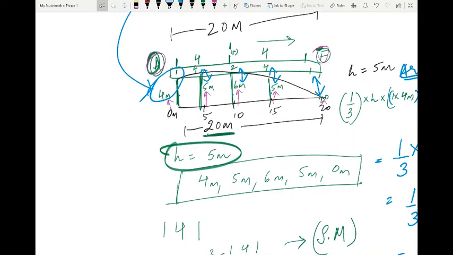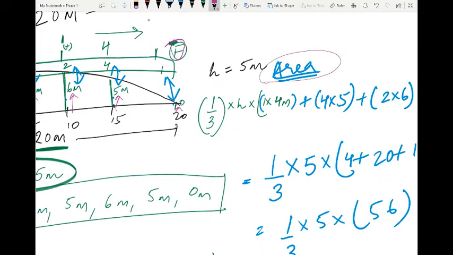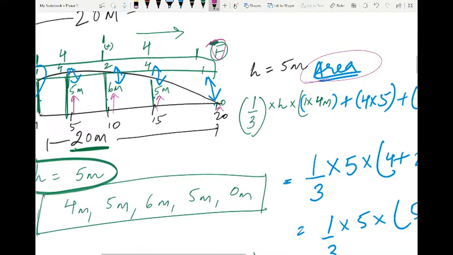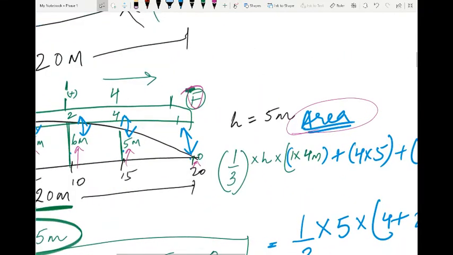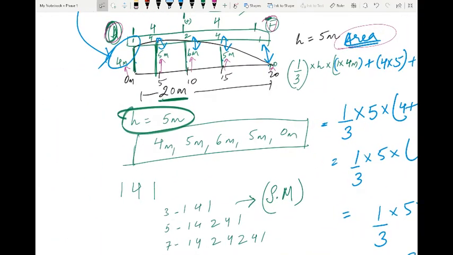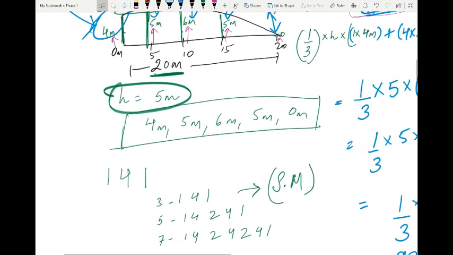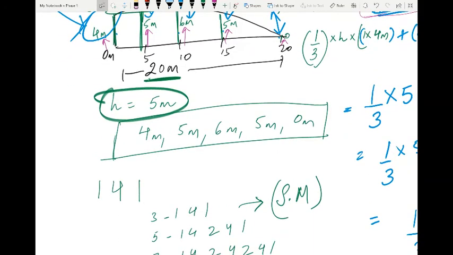So in Simpson's rule, to find out the area, you have h, your common interval, which is 5, and you have something called Simpson's multipliers. So what are the Simpson's multipliers? In rule number 1, we have the Simpson's multiplier as 1, 4, 1.